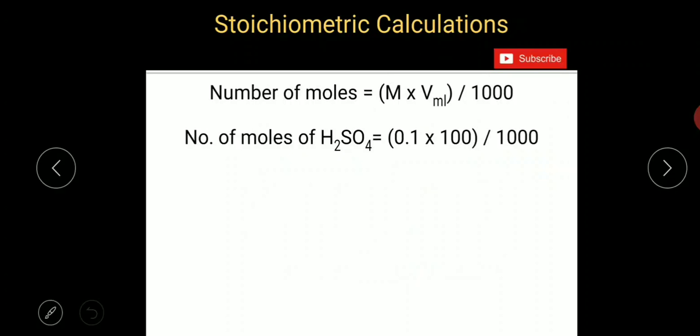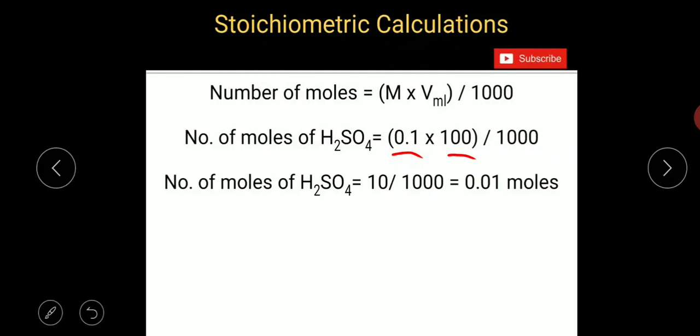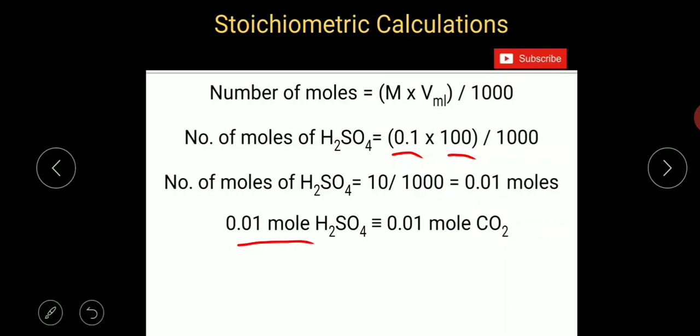Molarity given is 0.1, volume in milliliters is 100 divided by 1000. So 10 by 1000 is equal to 0.01 moles. So 0.01 moles of H2SO4 is able to give 0.01 moles of CO2 based on the stoichiometric equation.